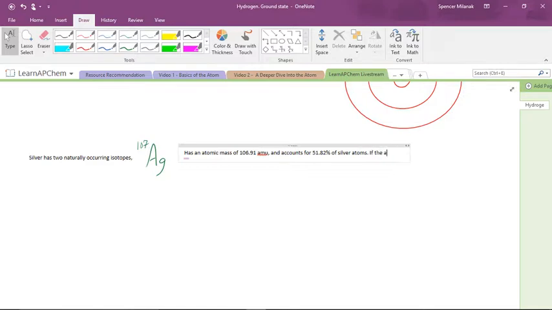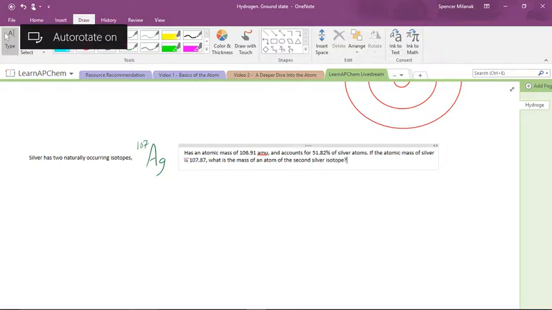If the atomic mass of silver is 107.87, what is the mass of an atom of the second silver isotope?